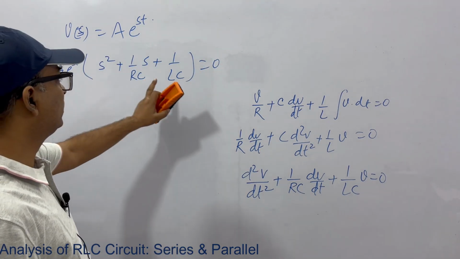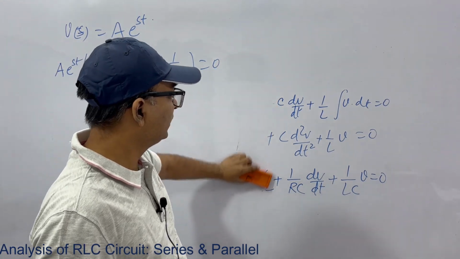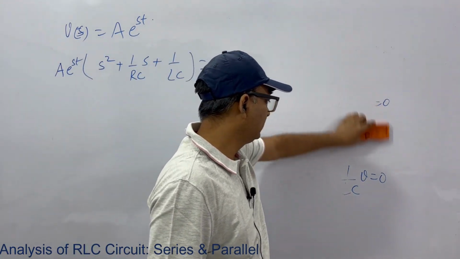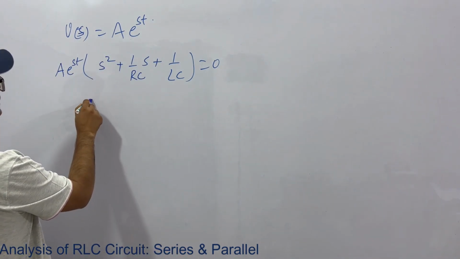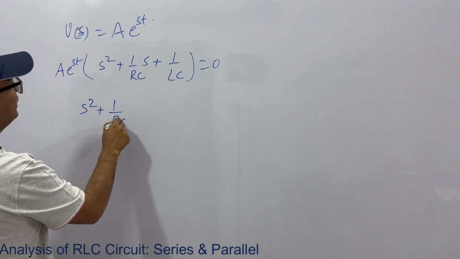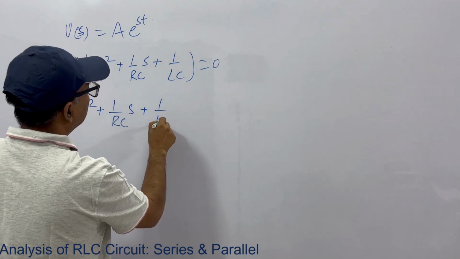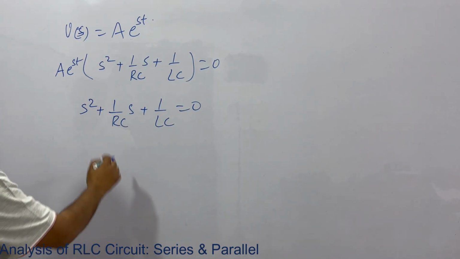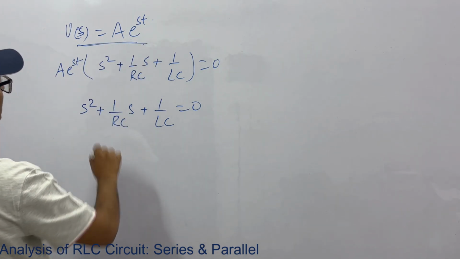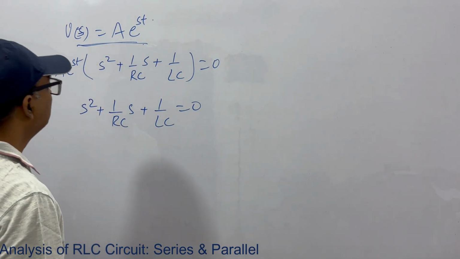So either this is 0 or this is 0. So the important or the characteristic equation is this, that is s square plus 1 by RC s plus 1 by LC equal to 0. So from this equation we get this is equal to 0. And the solution is this.